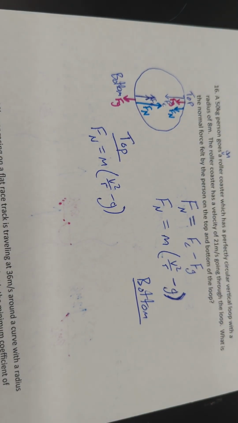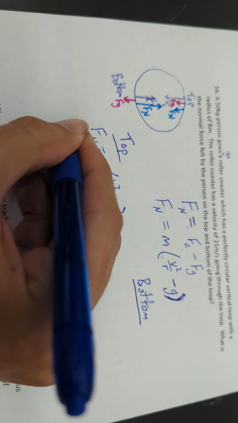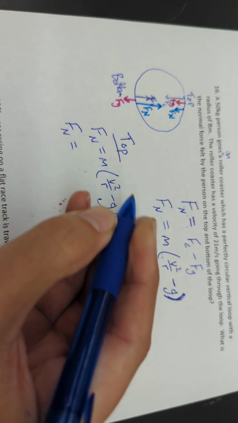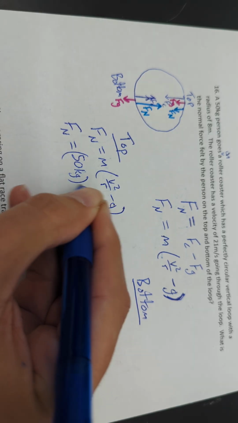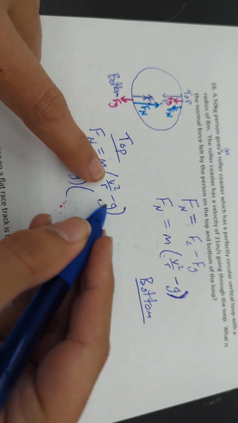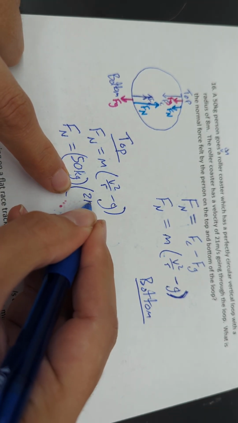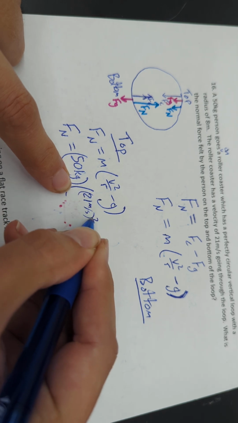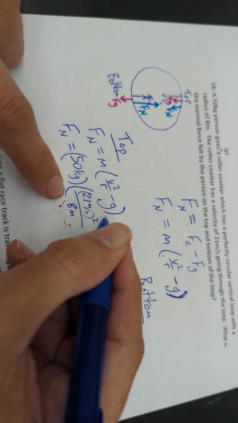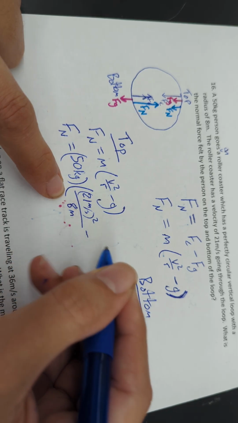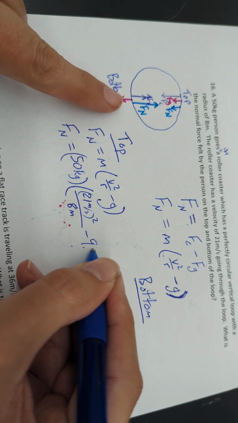So when we plug our numbers in, our mass is 50 kilograms. Our velocity is 21 meters per second. We're going to square that. The radius is 8 meters. And the gravity is going to be a positive 9.8.